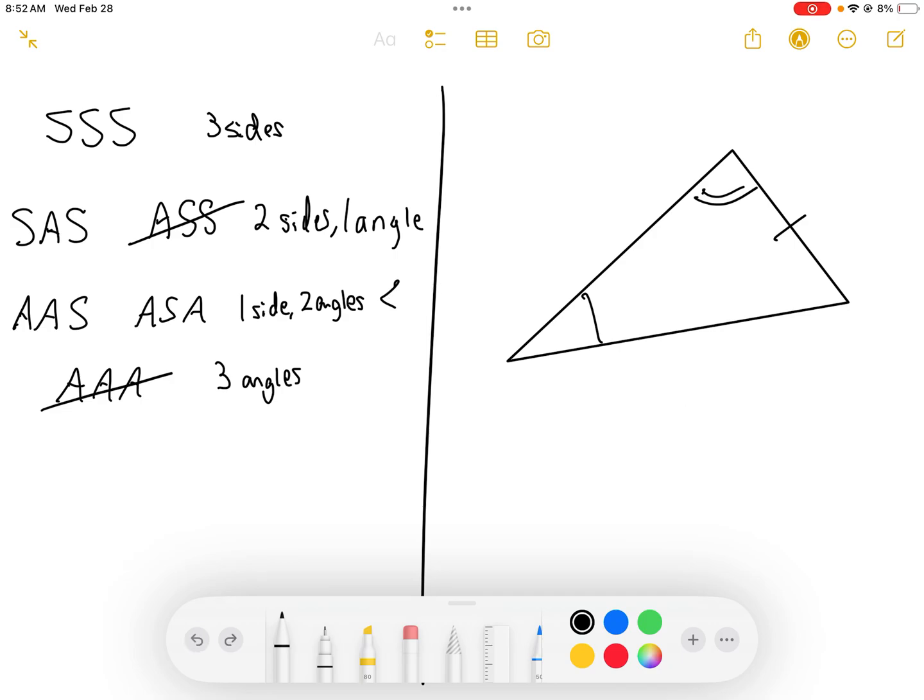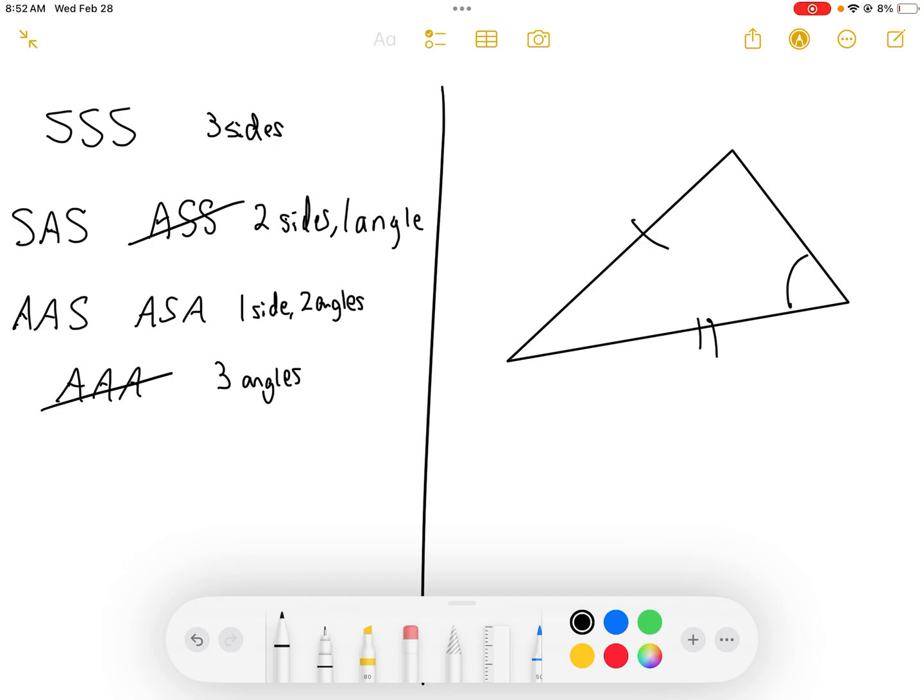Do a couple more. I mark this one and this one being congruent, as well as this side. The 2 angles do not have a side in between them, so it's angle, angle, side. Let's say I do this one.